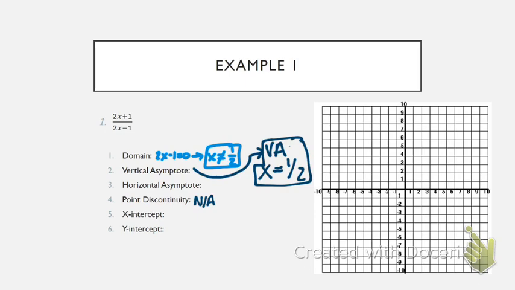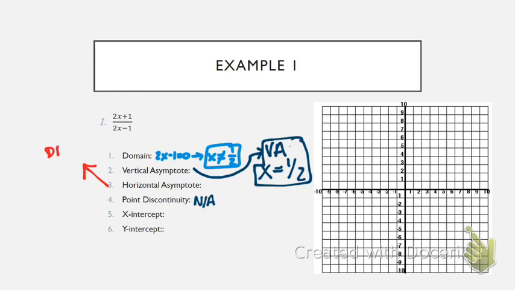Let's do all the definitions before we graph it. Horizontal asymptote was our last video, and we look at the degree of the polynomial. The degree of the numerator is 1.